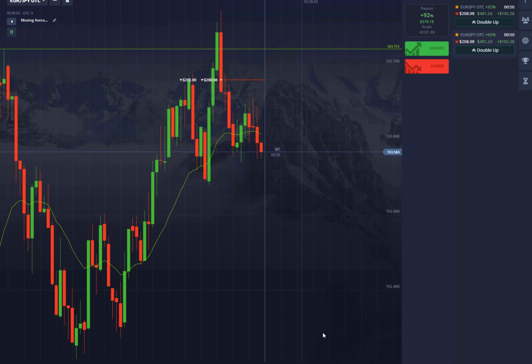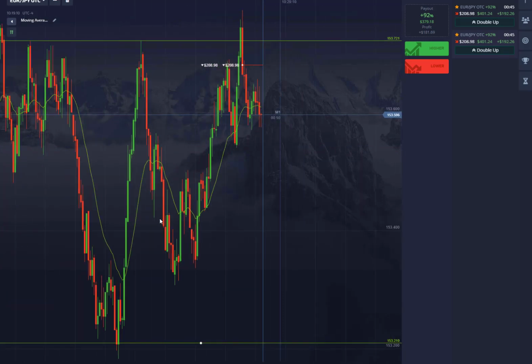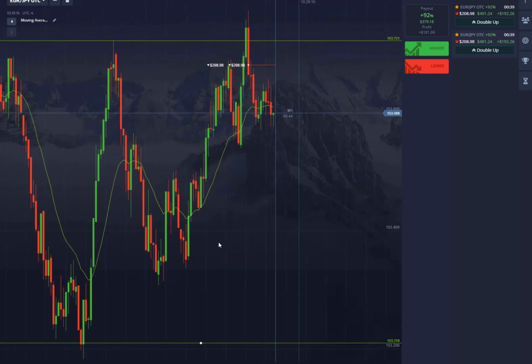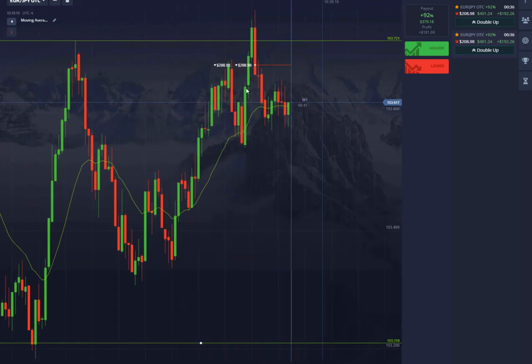Final candle. So that was the perfect setup. After waiting and looking and searching, we finally did find the perfect price action setup. It ended up being a range fade after all.